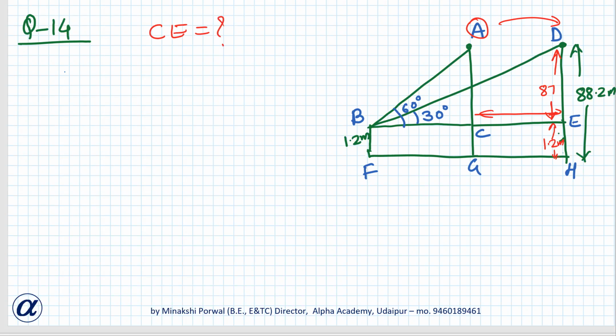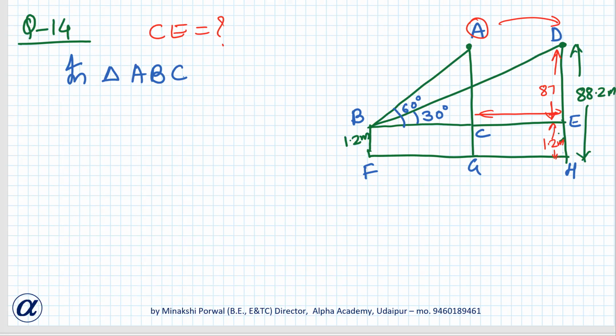So first of all we'll find BC, we'll find BE, and we'll subtract BE minus BC. That will be CE. So in triangle ABC, all the description you have to write. Let A be the initial position of the balloon, B be the final position of the balloon, BF is the position of the girl, and then you have to proceed.